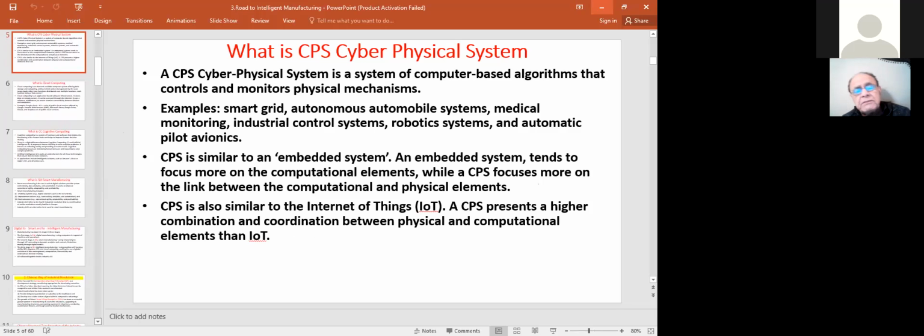Next, we really want to distinguish between the various terms that are used. A term used is CPS, cyber physical system, and in fact, a cyber physical system is a computer-based analytical system, computer-based algorithms really, which controls and monitors physical mechanisms.